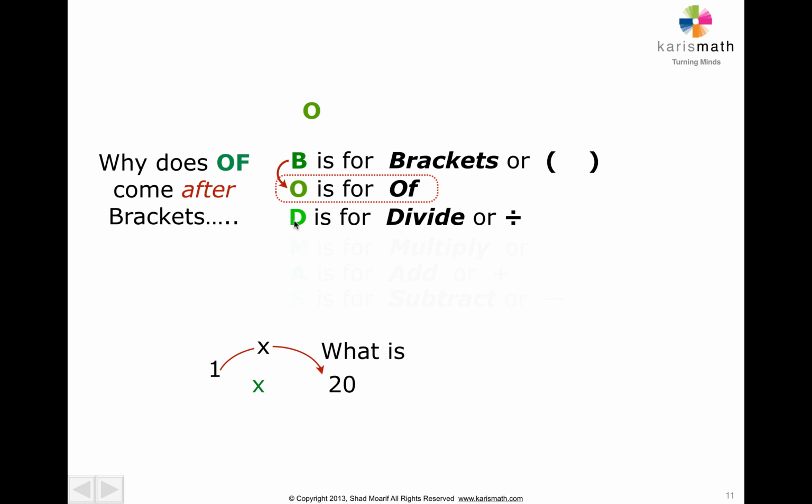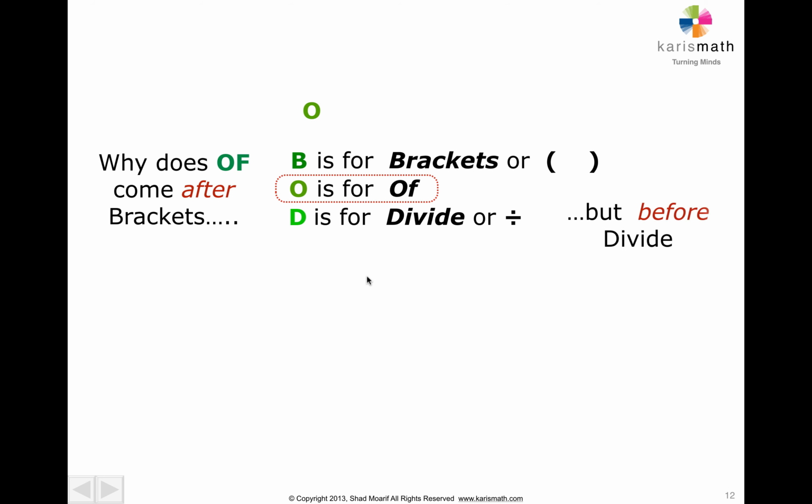But then why does of come before divide? What's the reason for that? You could ask that. It comes after brackets but before divide. Well, what if you were told to do this? 3/4 of 40 divided by 8. Now, the answers would be the same no matter which way you do it. But usually some people think of 3/4 of 40 as one operation, something divided by 8. So 3/4 of 40 is something.